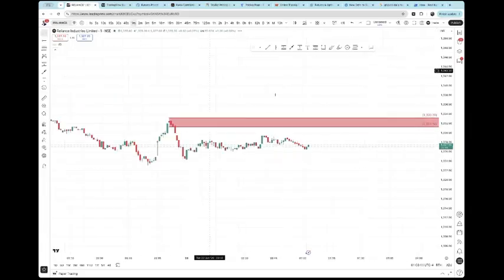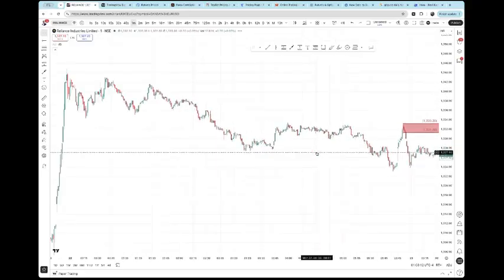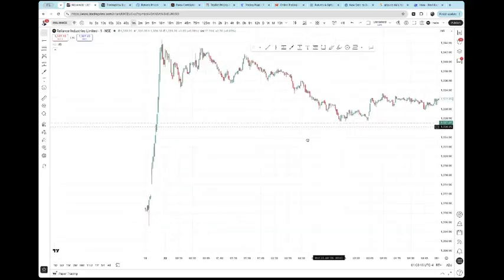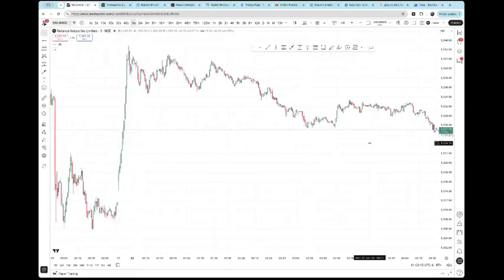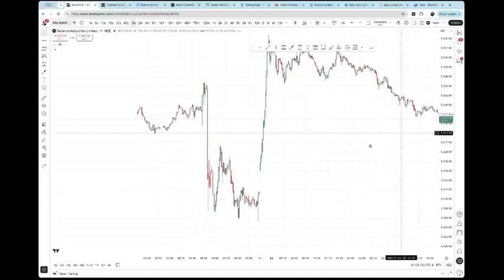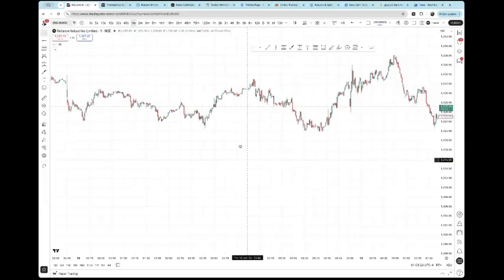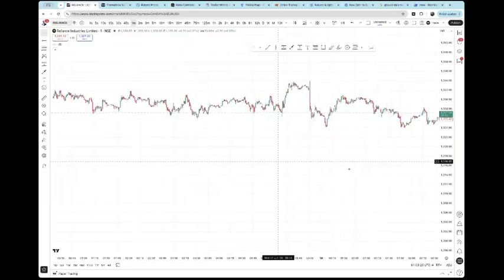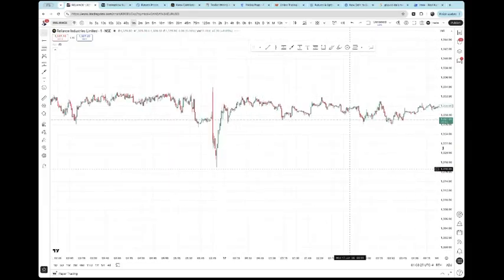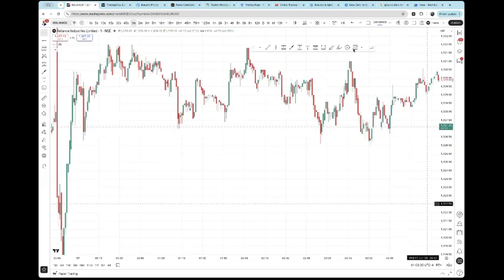Now you have a question: do you have any track record? Yes, I do have. Let me share my old chart with you, and even in the old chart a couple of zones were formed.